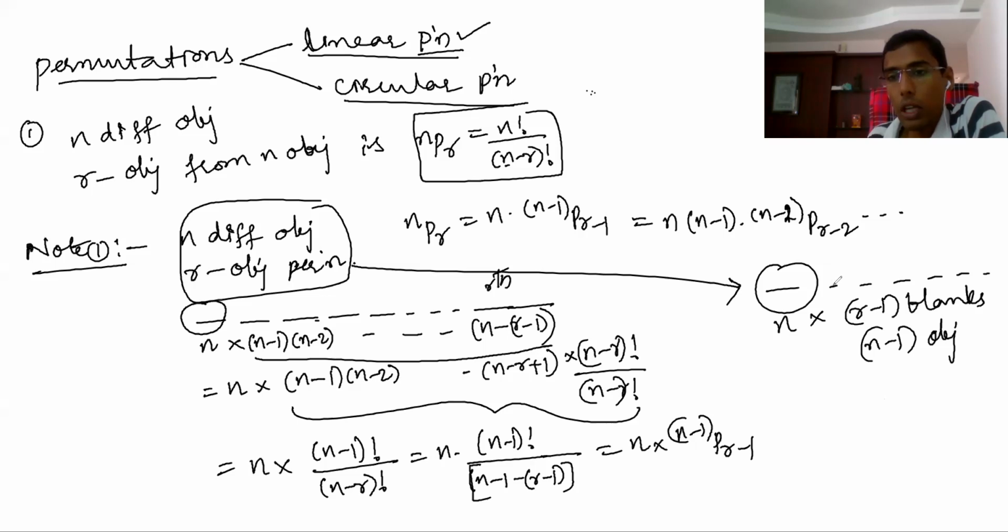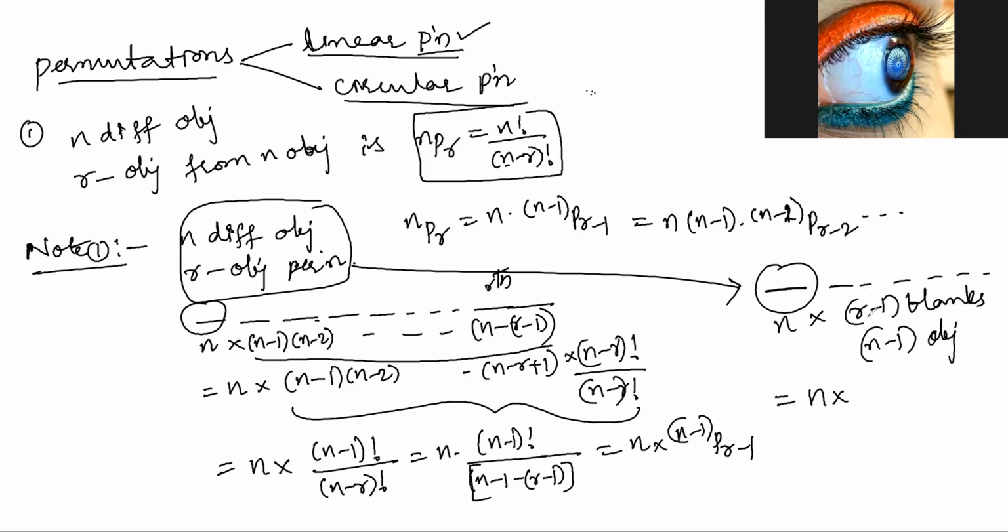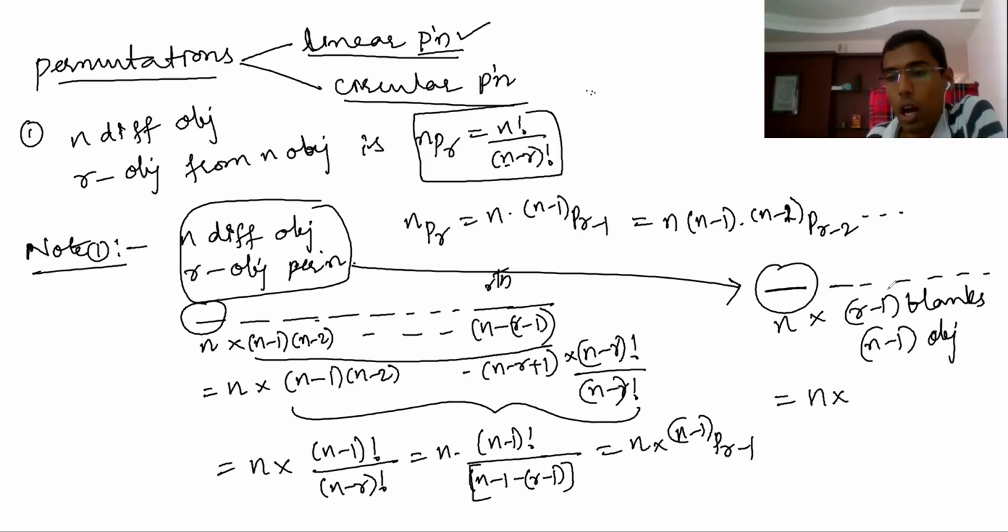Since I already filled one blank, I am left with r minus 1 blanks, in which I have to arrange n minus 1 objects. The number of ways of arranging n minus 1 objects in r minus 1 blanks is (n minus 1)P(r minus 1).